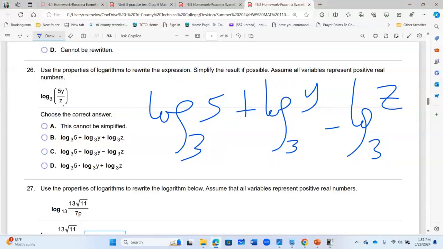The numerator is multiplication, and the denominator is division. That's the application of the laws of logarithm, because the laws of logarithm say multiplication is addition, division is subtraction, and so on.